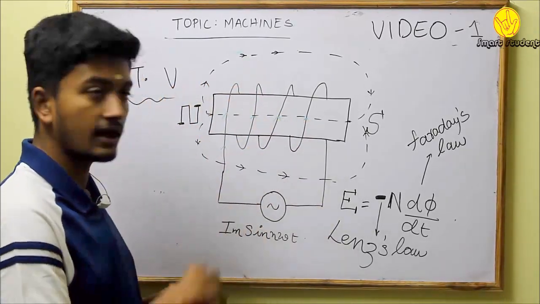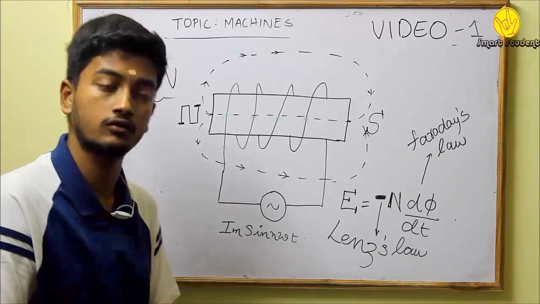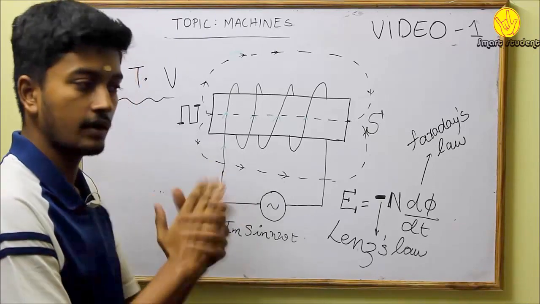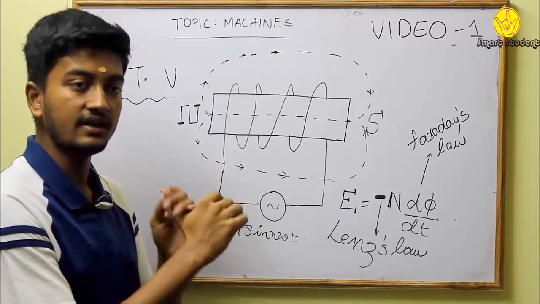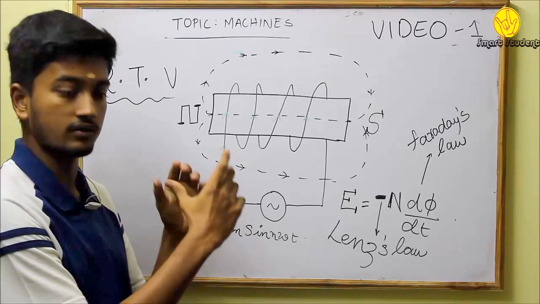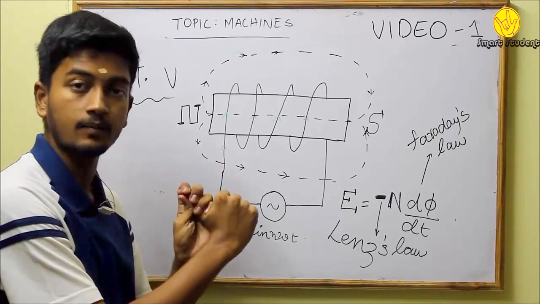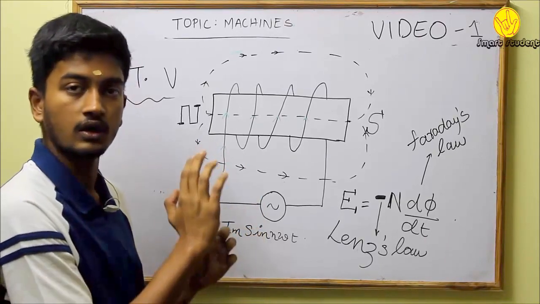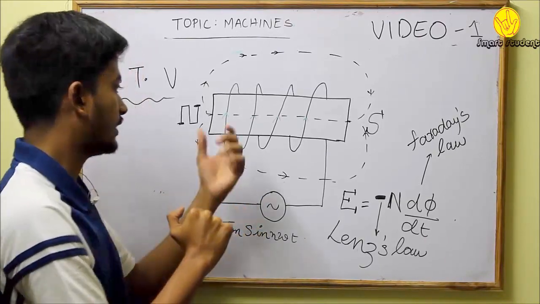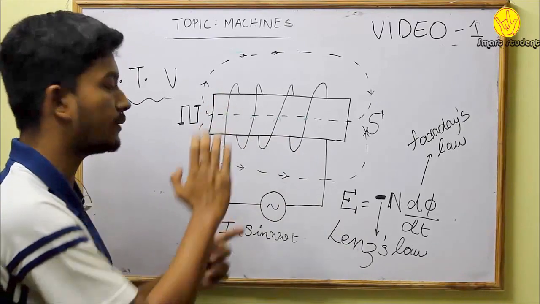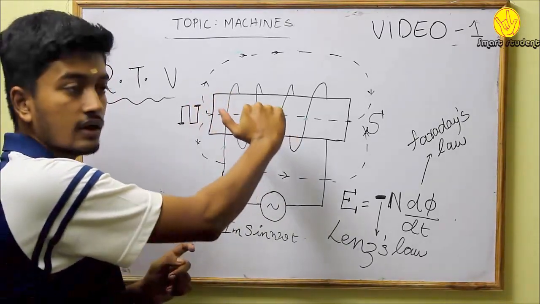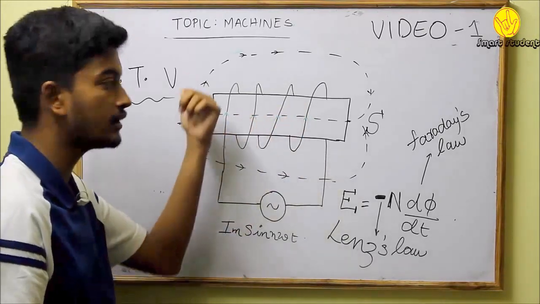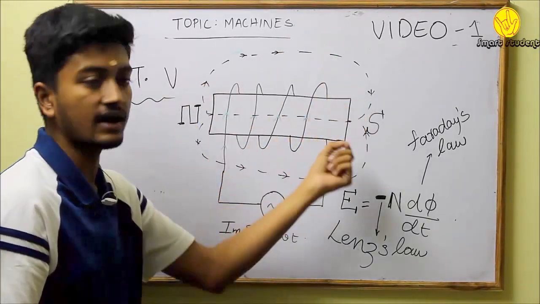Now applying the inverse of Ampere's corkscrew rule, my thumb indicates the direction of the magnetic field, or the magnetic pole, and my other fingers indicate the flow of current in the conductor. As I have shown the current flowing in the upward direction, using this principle my thumb shows the north pole leaving from this bar and entering at this end.